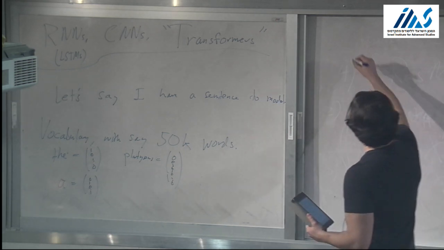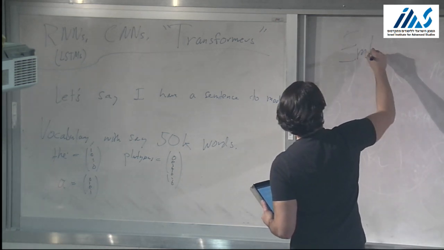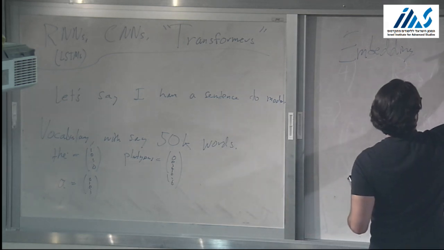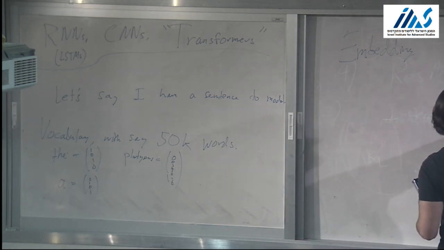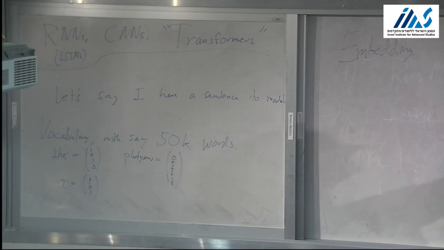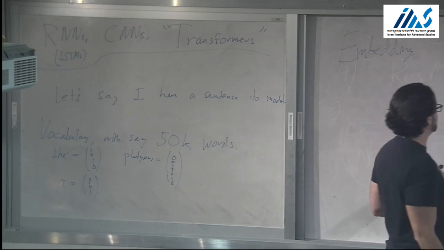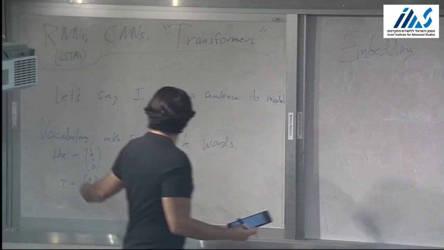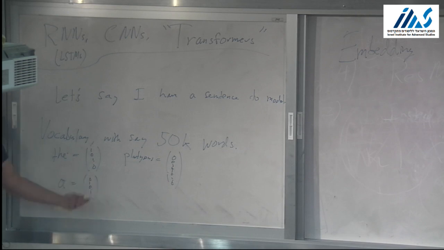So I make an embedding matrix E, which is 50K by, say, something more manageable, like 256. It embeds this very unambiguous information about which word I'm talking about into a 256-dimensional vector space where the vectors get all jumbled up in whatever order they want.